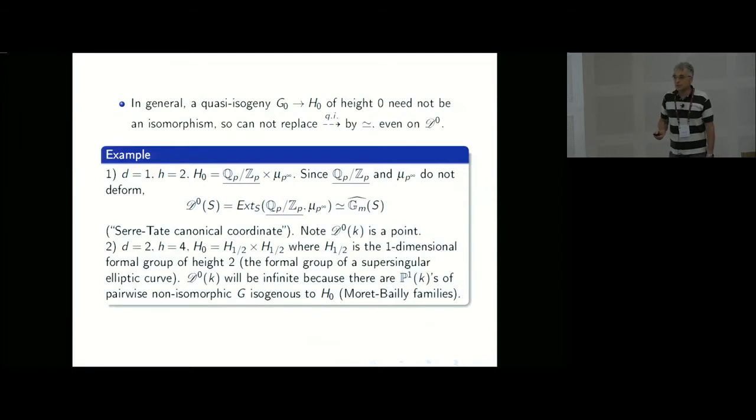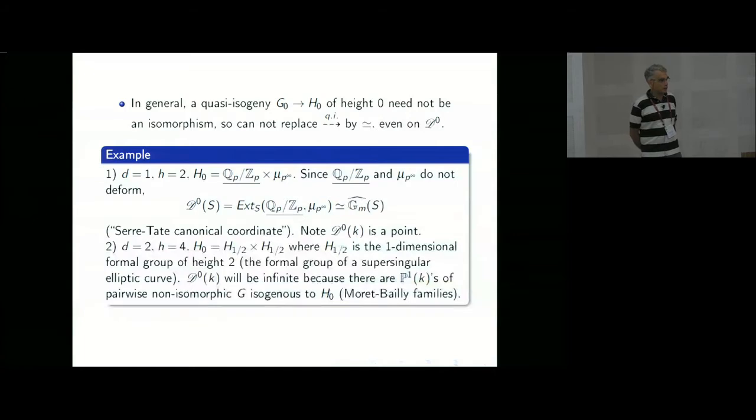As another example where the special fiber is interesting, let's take d equal 2 and h equal 4. And let's take for H0 the product of the formal group of a supersingular elliptic curve with itself. And in this case, even when S equals K, you'll get infinitely many examples because there are actually families parameterized by projective lines of pairwise non-isomorphic p-divisible groups that are all isogenous to H0.